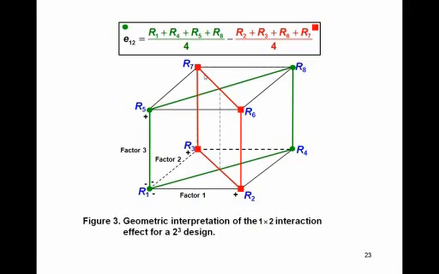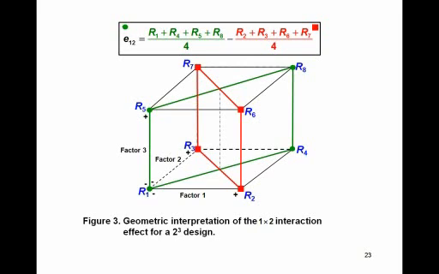And then we look at the plane that's perpendicular to the original plane, namely the red plane, and we take the average response over the 4 corners, namely responses 2, 3, 6, and 7. And those 4 responses correspond to design points where the factors are at opposite levels.